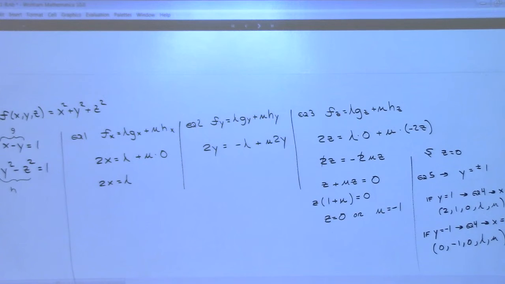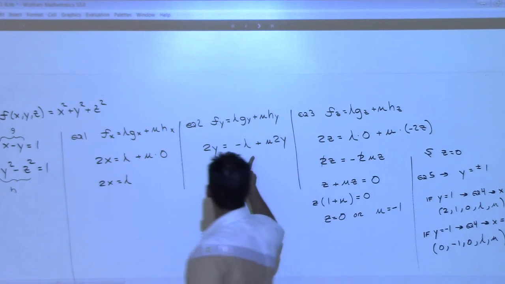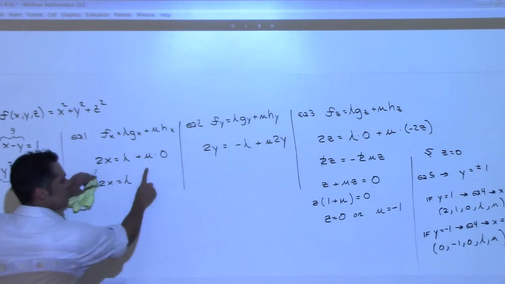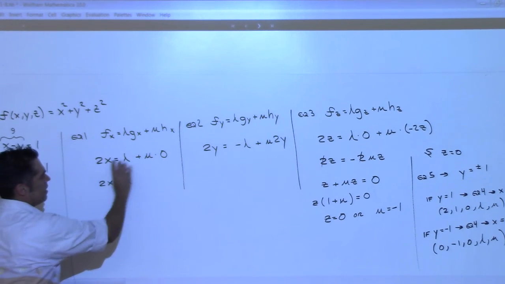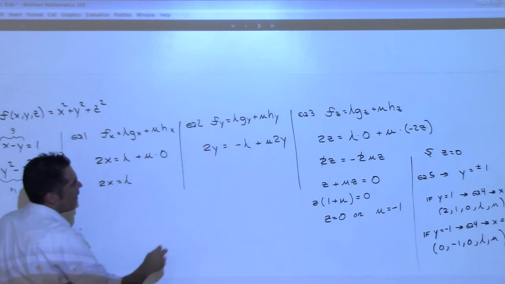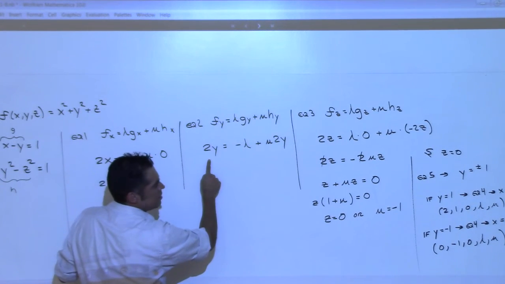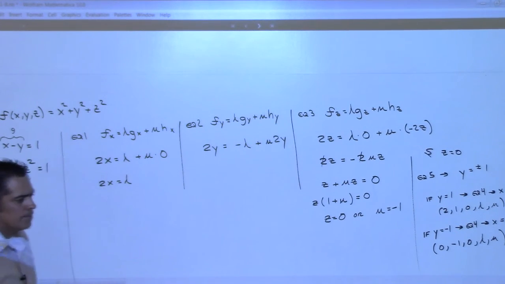Now let's just make sure that we don't have any problems here. This is all coming from the third equation. I don't think I have any problems with these two. If x is 0, that's okay, because then lambda or mu could be 0. If y is 1 or -1, then okay, it looks okay.